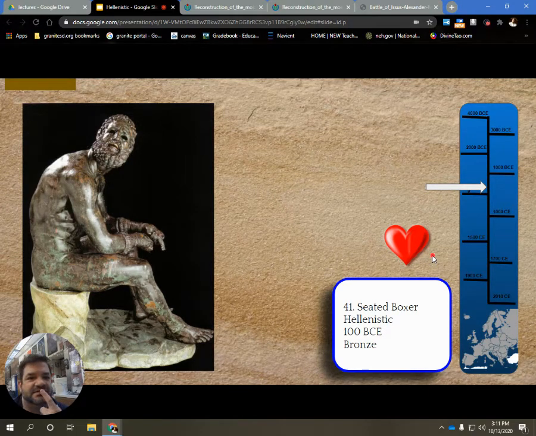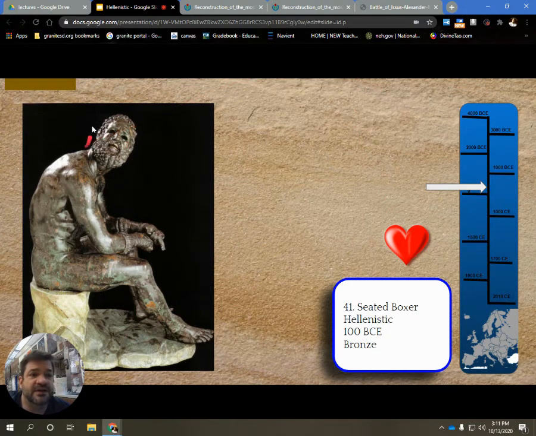Defeated to her victory. And we see him, and he's got these lips of copper, and his back is hunched and sags under his ample muscles. It's a boxer. You can see the wrappings, the leather wrappings on his hands.